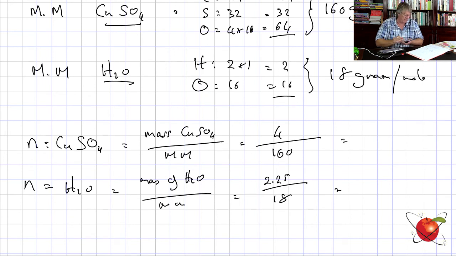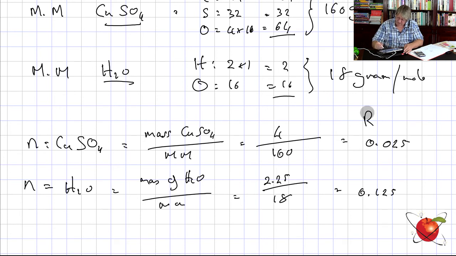So therefore we get 4 divided by 160. 4 divided by 160 is 1 over 40. Oops, 0.025. Right? And the ratio 2.25 divided by 18 is going to be 1 over 8, which is 0.125. Okay, this is the ratio.